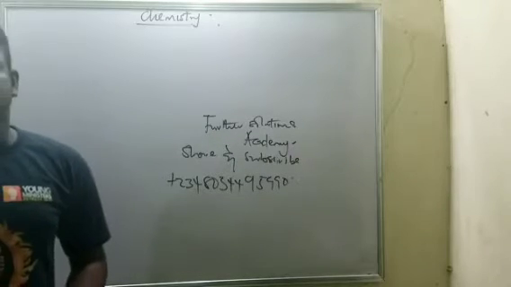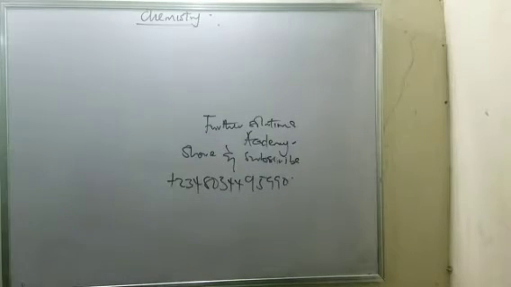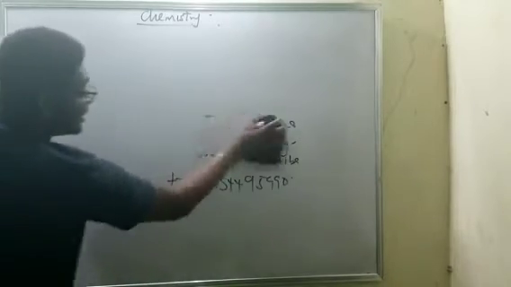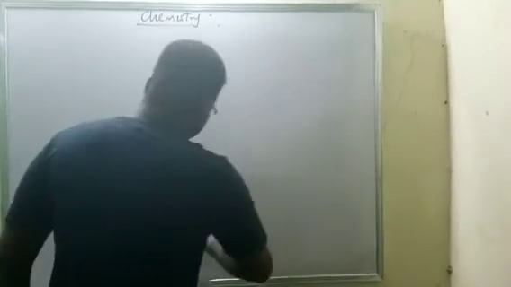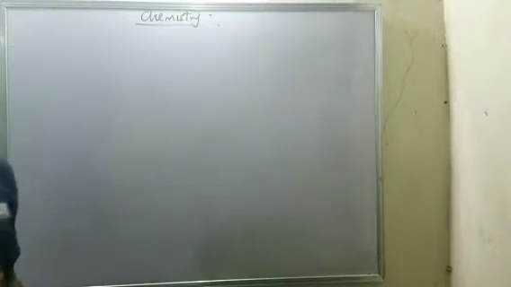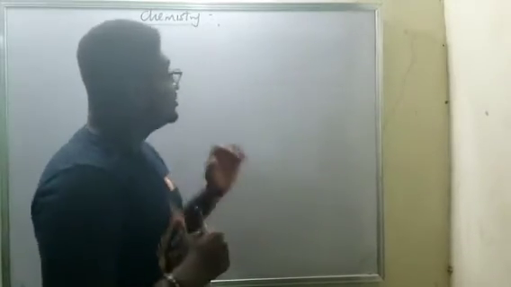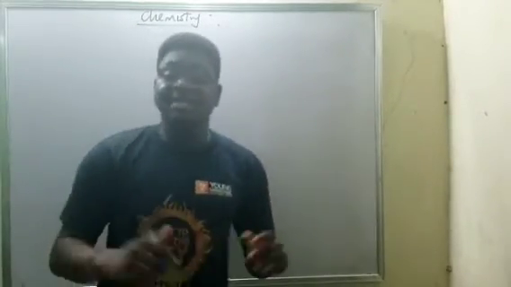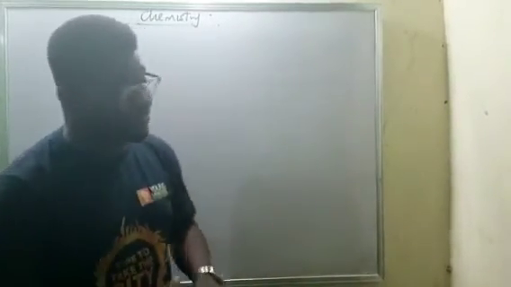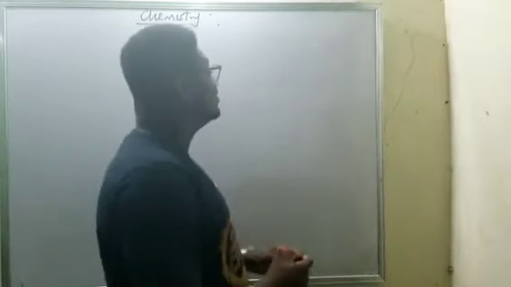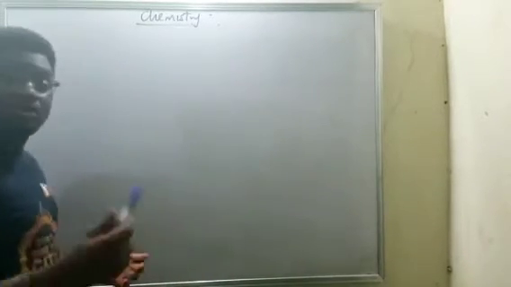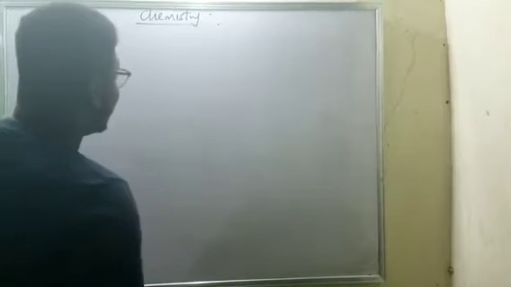Just like we discussed in our last class, we talked about showing the relationship, where we derived an equation showing the relationship between Kc and Kp, the equilibrium constants. So today, like I said in our last class, we will be solving some problems on the relationship between Kc and Kp.